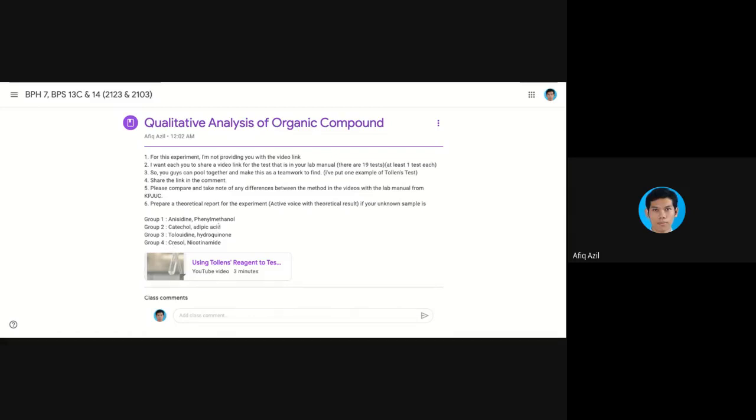That means all of you will be doing different compounds, not the same compound. Group 1 will be anisidine and phenylmethanol. Group 2 will be catechol and adipic acid. Group 3 will be toluidine and hydroquinone. Group 4 will be cresol and nicotinamide.